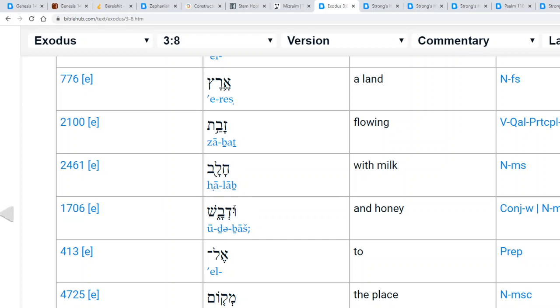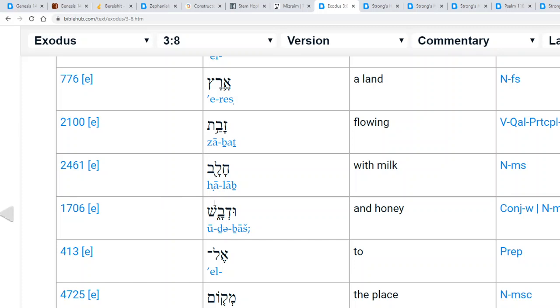So conjunctive of davash. We translate it as honey. In the Bible, it has a connotation of speaking about dates, because I think the date tree is mentioned a few times. Well, it's Tamar, but it's also Davash.